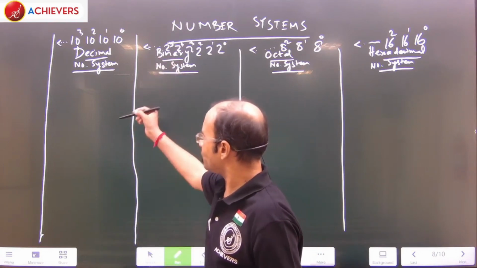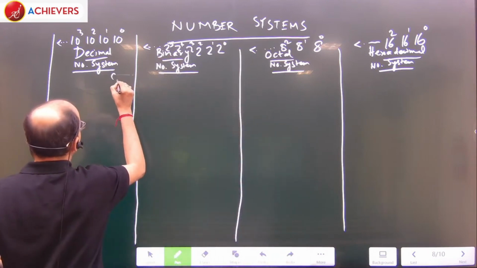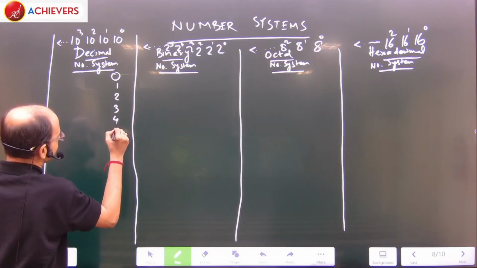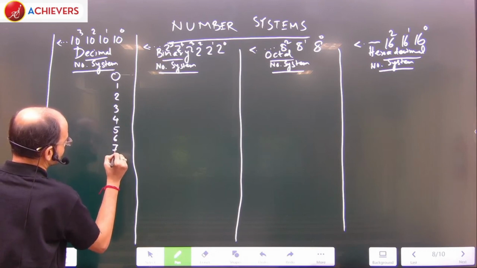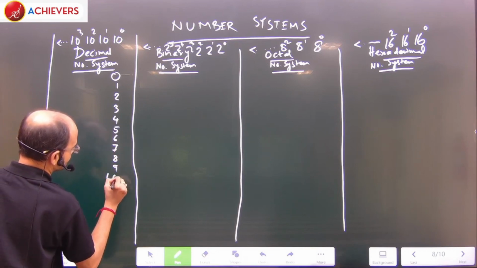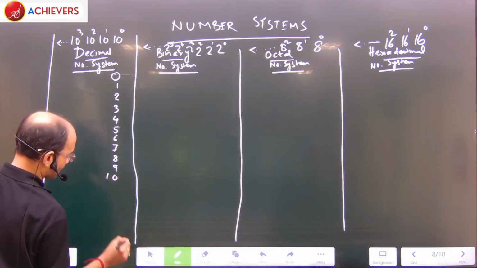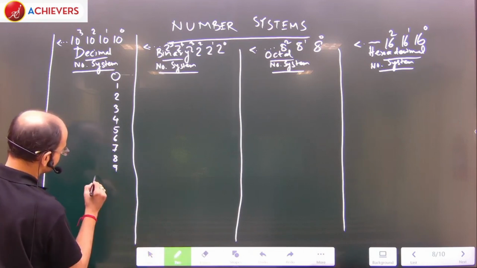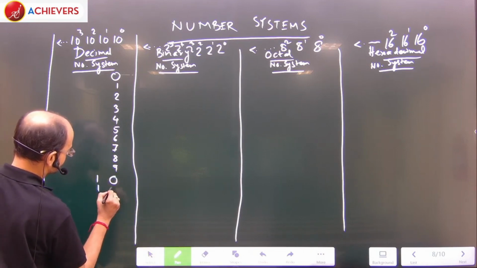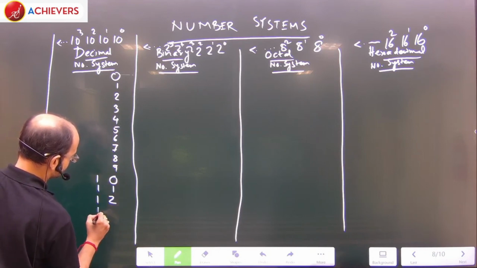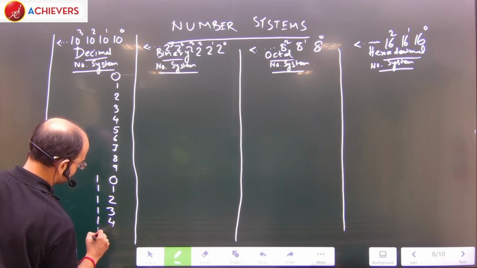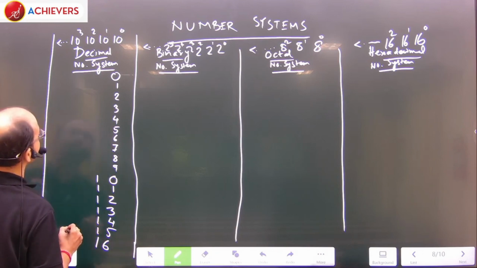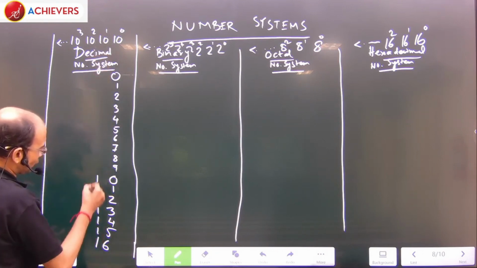So in the decimal number system, if we start from 0, 1, 2, and so on, under 10 to the power 1 we have written 1.